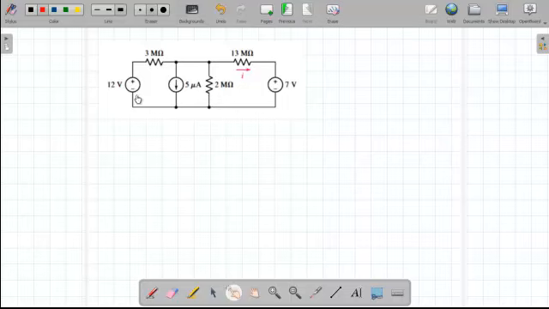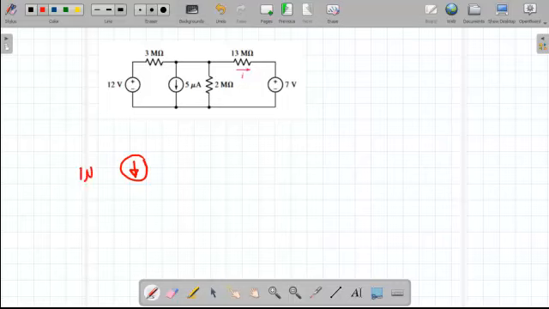The first thing that we do is combine the 12 volt and 3 mega ohm to a current source, with a parallel resistor 3 mega ohm, then we combine the two current sources. Then we will find that this will equal a current source 1 microamp.